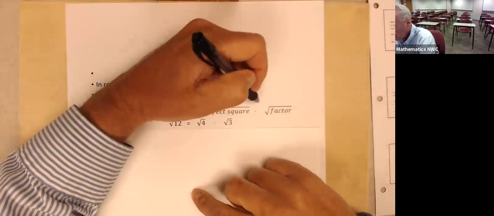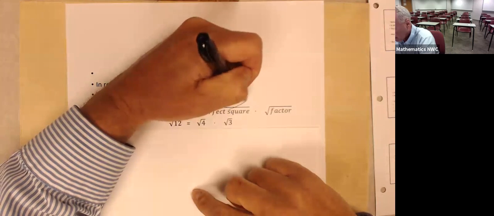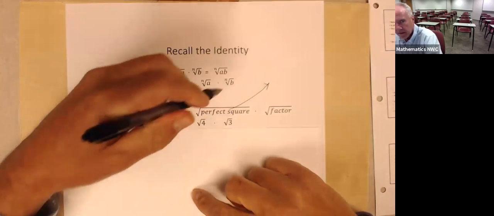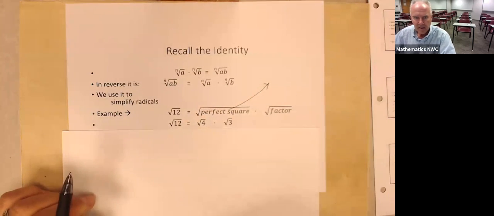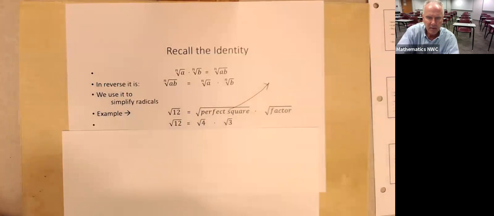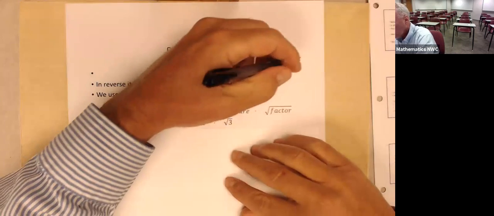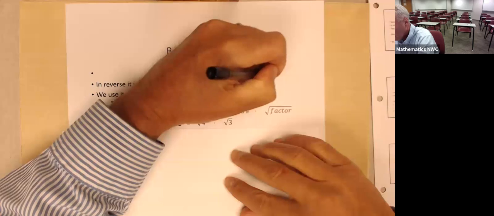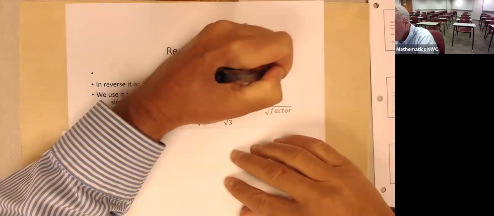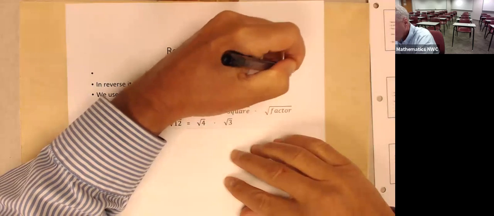Well, let's make sure we understand what we mean by perfect squares here. Perfect squares would be numbers like 4, 9, 16, 25.